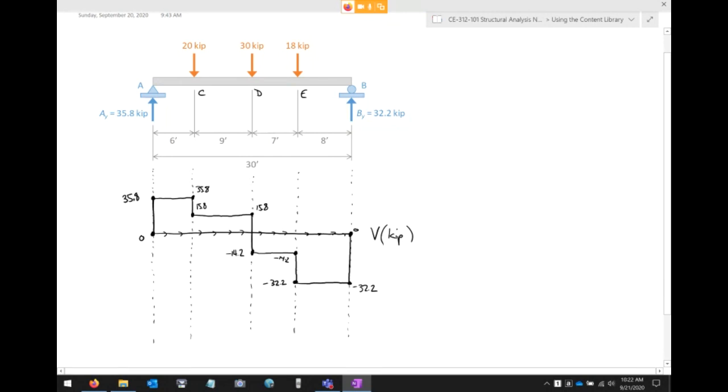Now we've got the shear diagram done. Before I move on, I want to see if there are any questions about this. I don't want to rush this, because we're going to take this problem and add more to it. What if there are distributed loads? What if there are triangular loads? What if there are concentrated moments? What if there are hinges? I want to make sure that the fundamentals are solid.